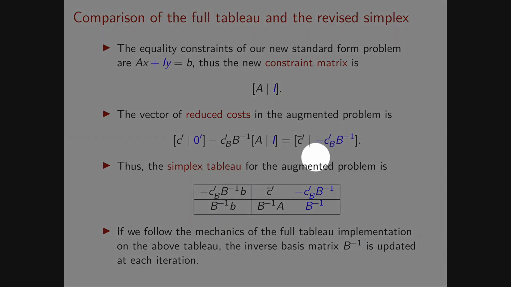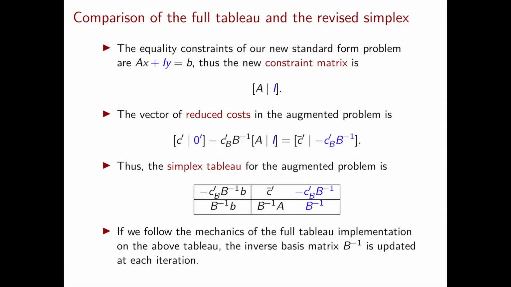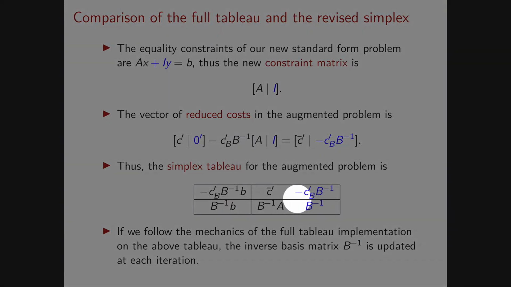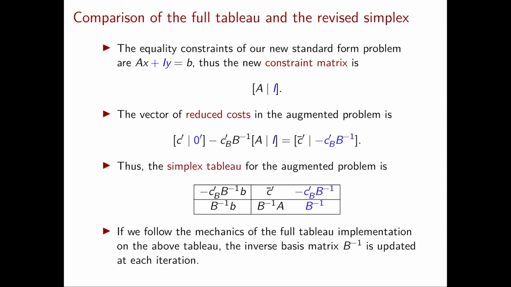So now I can fill in also the remaining part of the 0th row. Here I have c bar transpose, and here minus c_B transpose B inverse. So essentially for this new problem I obtain a tableau in which the first n plus 1 columns give me exactly the simplex tableau that I would have had for the original problem.